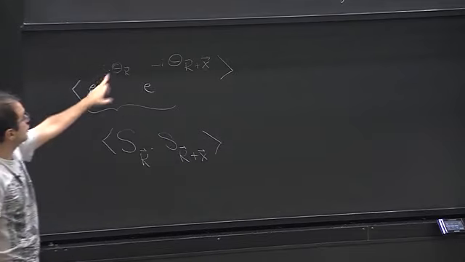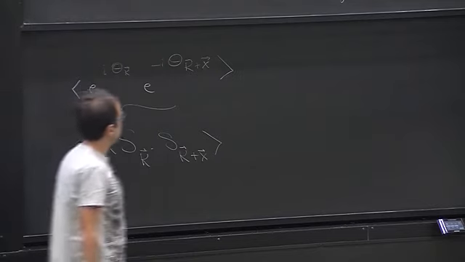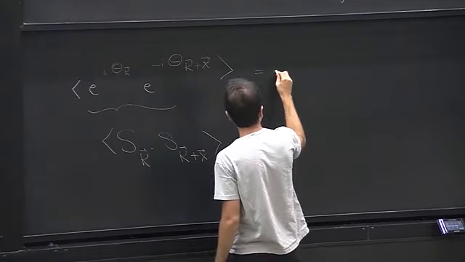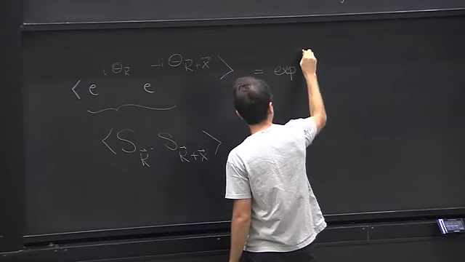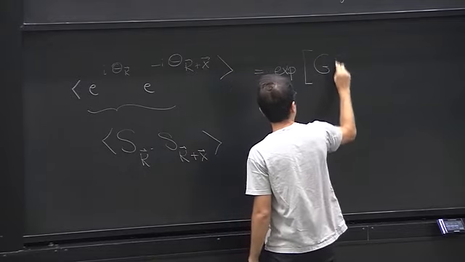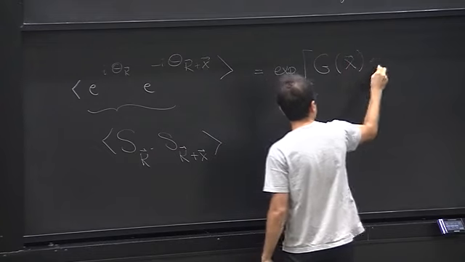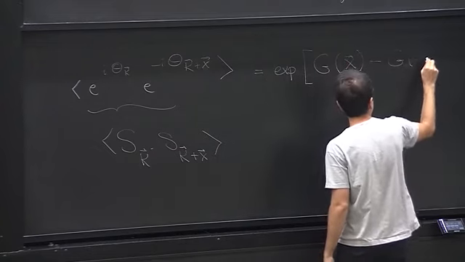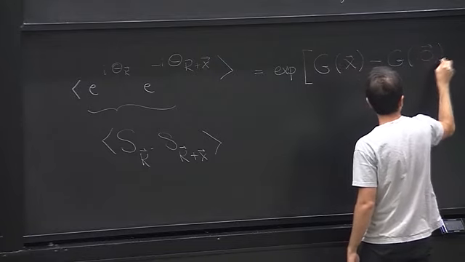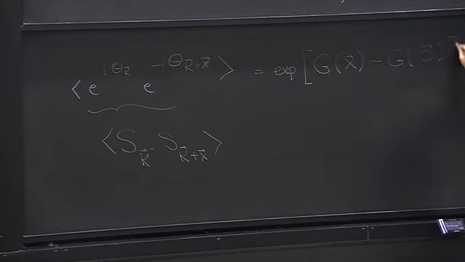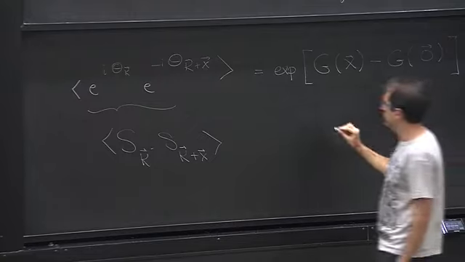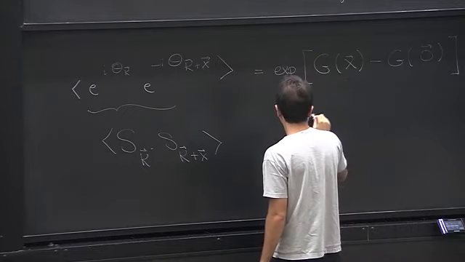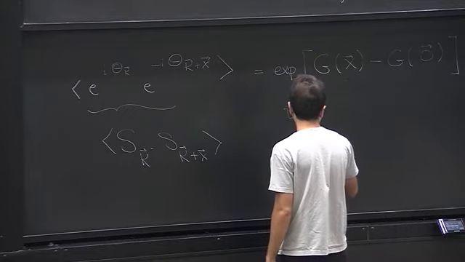This is just Gaussian integration that I can do, and I get that this is just the exponential of the propagator at x minus the propagator at 0, where the propagator is given by that expression. Let's write it again here.